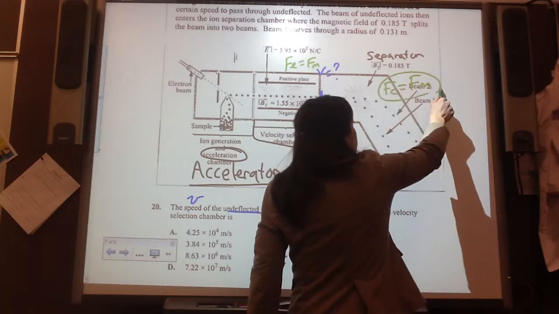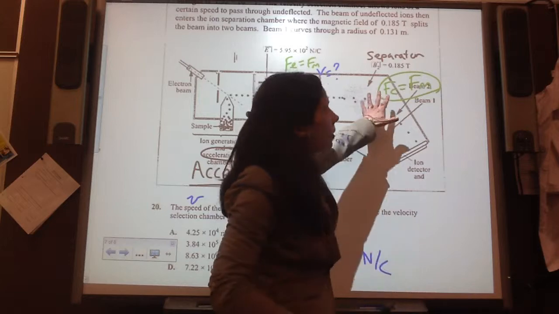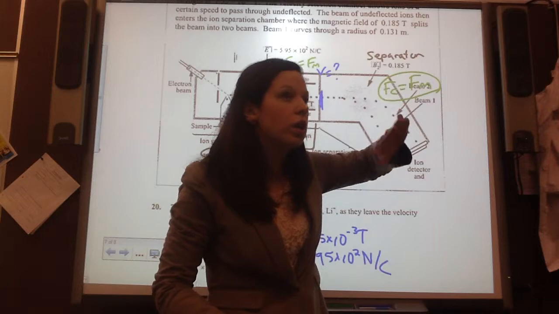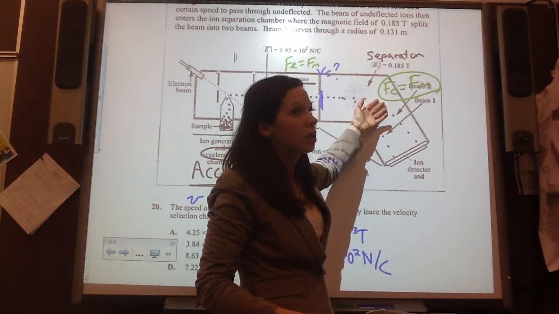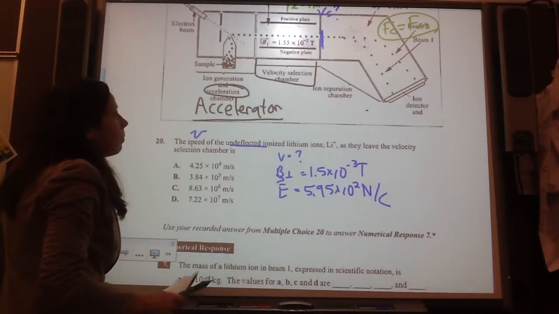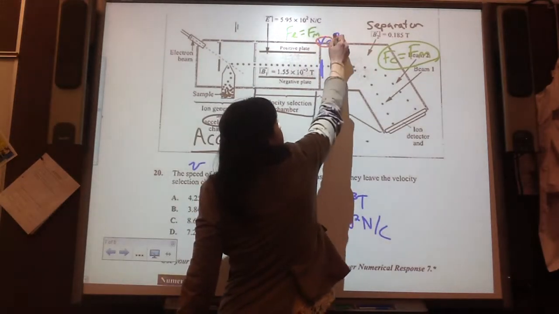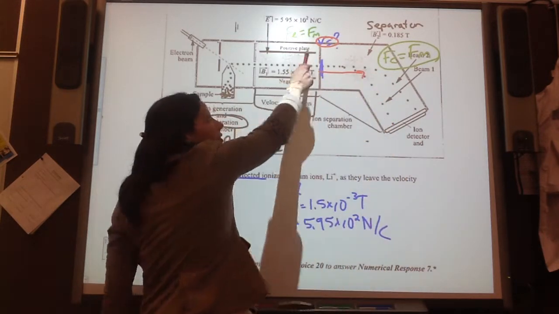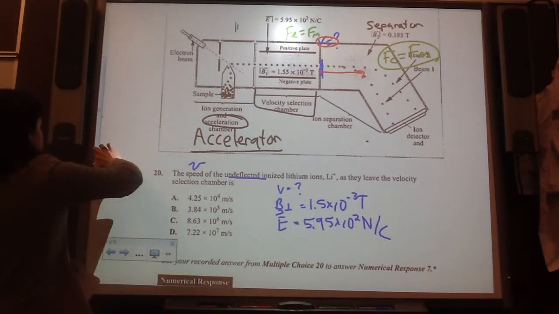So we have to consider what the lithium ion is experiencing now at this point, because this is where it's experiencing that circular motion. In order to use Fc, we have to use this information now. Does that make sense? Yes? Okay. The velocity that I can use is this same velocity that I just found, because it's coming into here at that velocity. So I can use that velocity in this formula that's coming up.